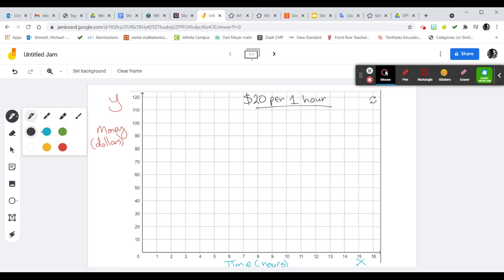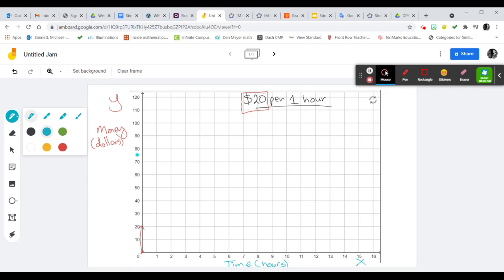All right. So the first thing I want to do is think about this, right? So I have $20. When I first start off, I don't have any money, right? So I start at 0, 0, and I'm going to go up to 20, okay? But I'm not going to do anything yet.